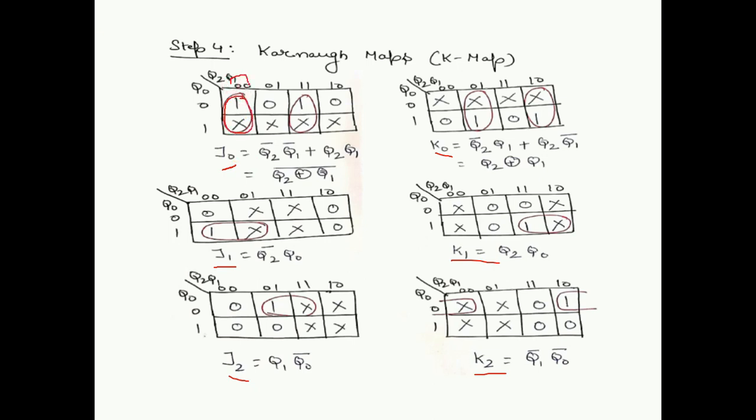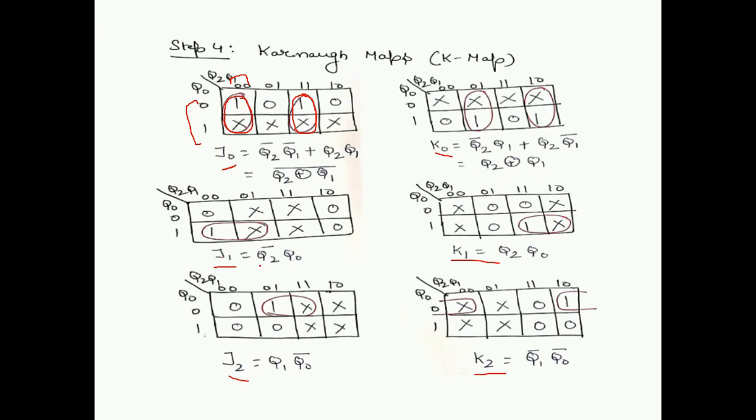So this is 0, 0, that is Q2 bar, Q1 bar, and here both the values are changing, so we are not going to write down Q0. Similarly, the answer of this pair 1, 1, so Q2, Q1. So this relationship is nothing but XNOR gate. So this is Q2 XNOR Q1. Similarly, K0 comes out to be Q2 XOR Q1.